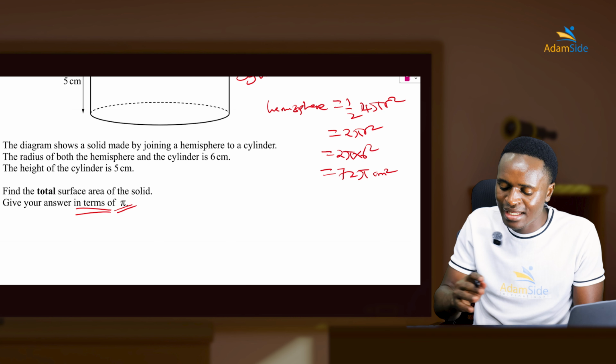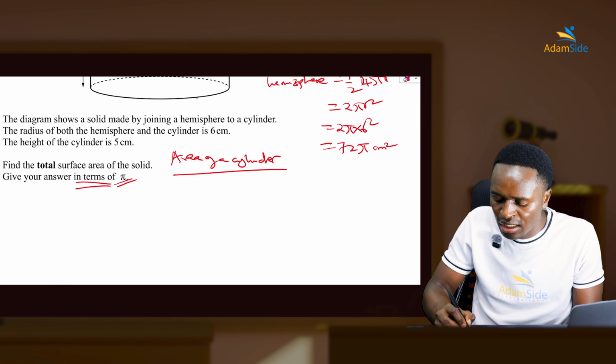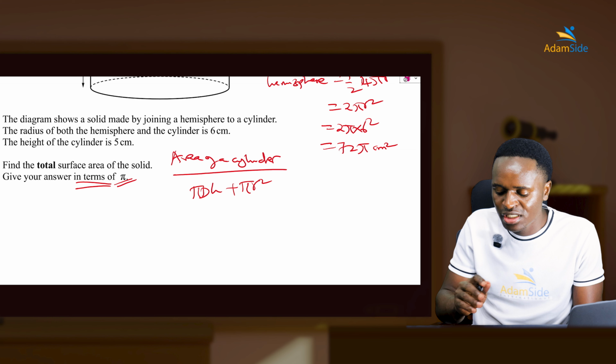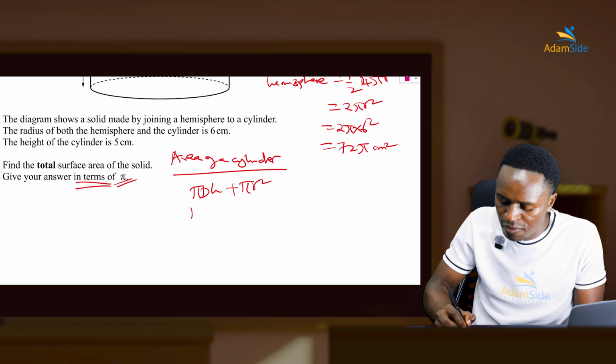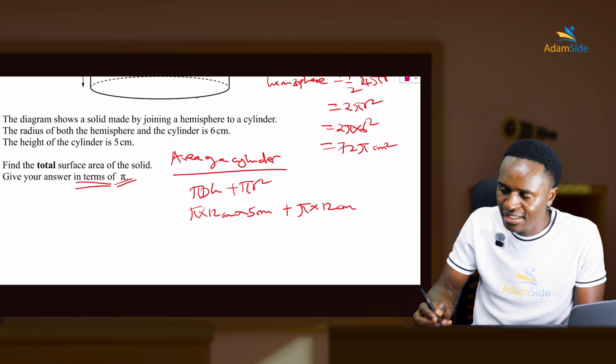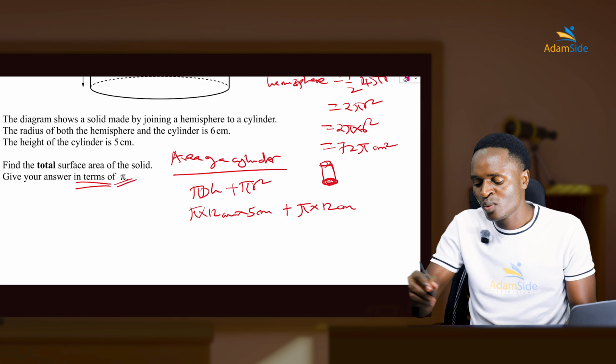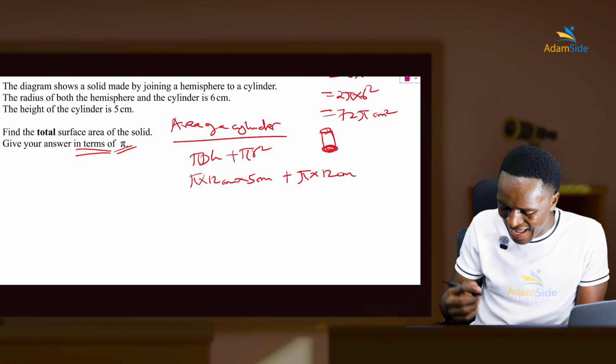And then we go and find the area of the cylinder. Remember, the area of the cylinder here will be pi dh plus pi r squared, which is just 1. Now, pi dh is pi times the diameter, which is 12 centimeters, times the height, which is 5 centimeters, plus pi times the diameter, which is 12 centimeters, which is the area of the circle. So remember here, it's like we're having an open cylinder, so we have the bottom, together with the curved surface, because we have the top, which is spherical in shape, which is a hemisphere.